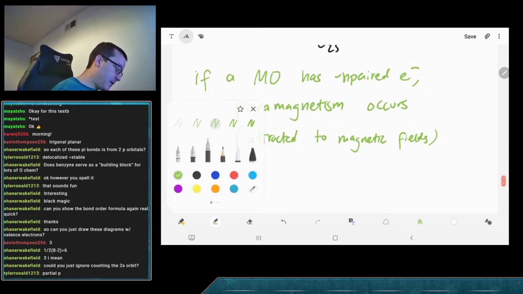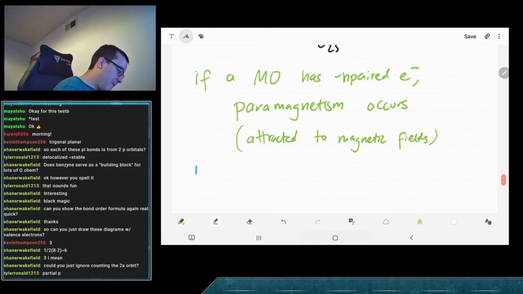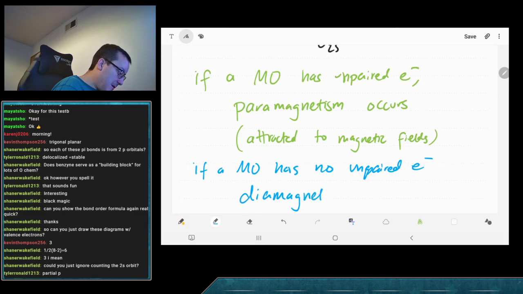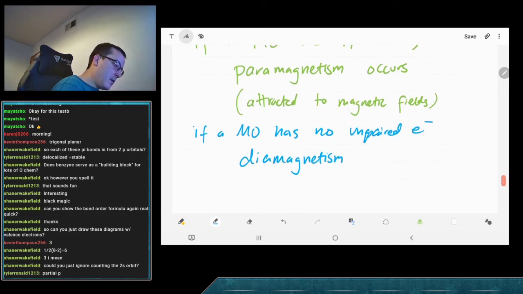The opposite, if there are no unpaired electrons, is called diamagnetism, which is repelled by a magnetic field.